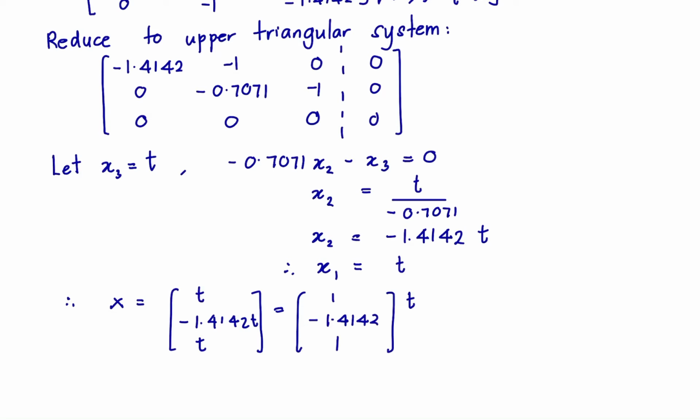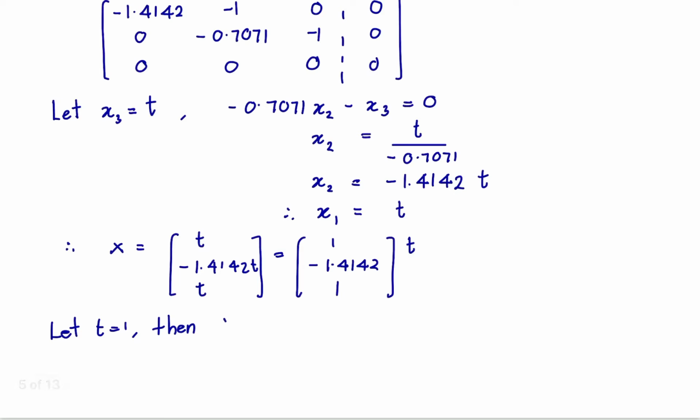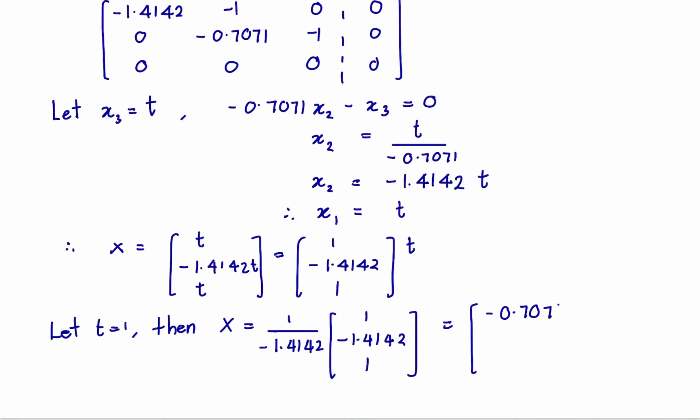So our next step, if we let our arbitrary t equal to 1, then our x is divided by the entry, which is 1 over minus 1.4142, and we divide all entries by it. So our answer is going to be minus 0.7071, 1, minus 0.7071.